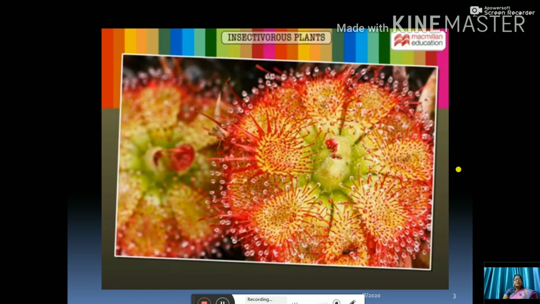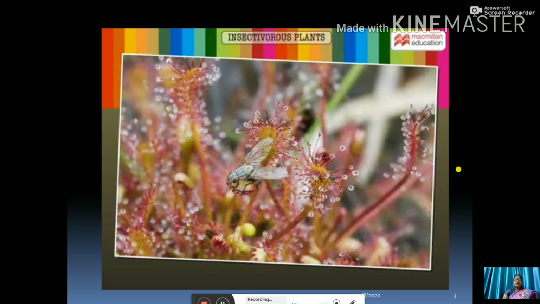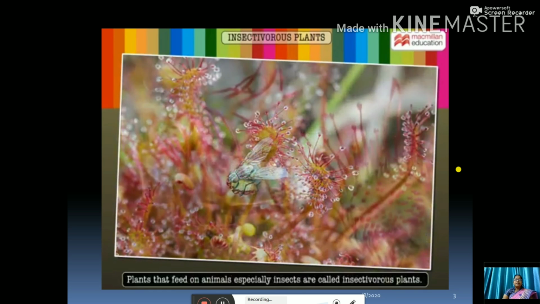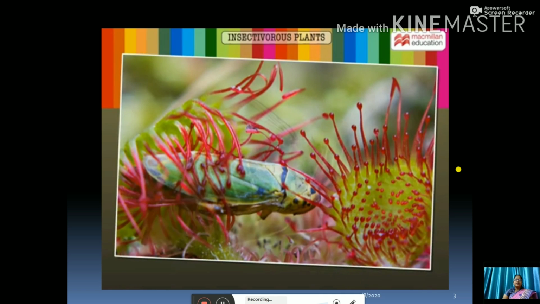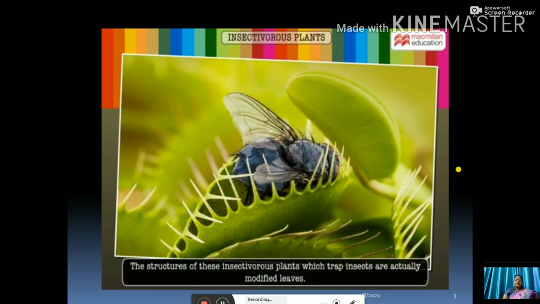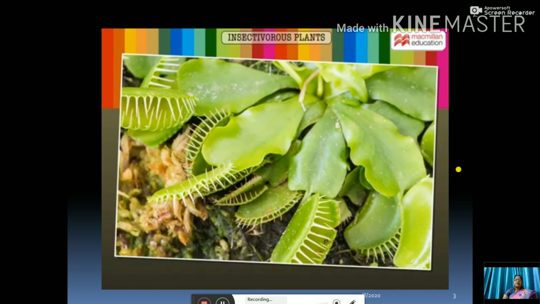Isn't that a beautiful plant? Who could imagine that such a pretty-looking plant can feed on insects? Plants that feed on animals, especially insects, are called insectivorous plants. The structures of these insectivorous plants, which trap insects, are actually modified leaves.